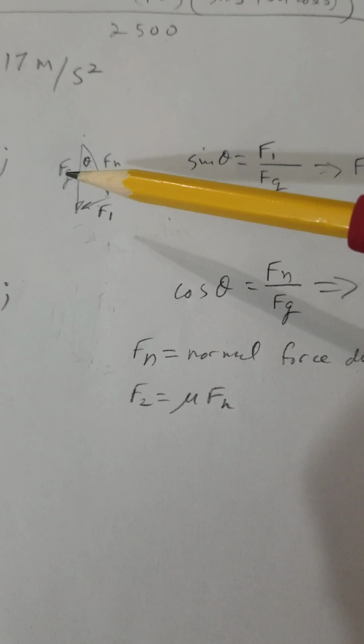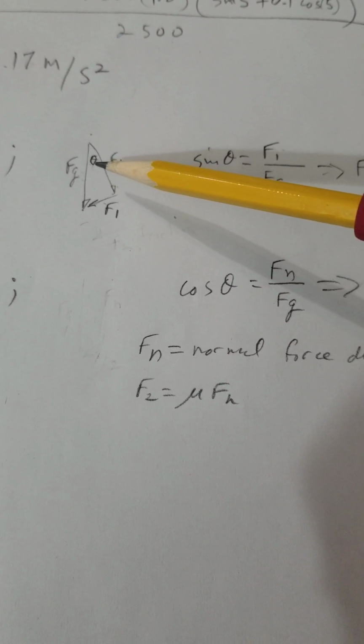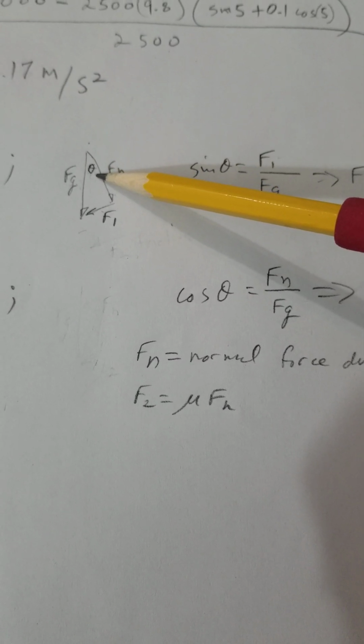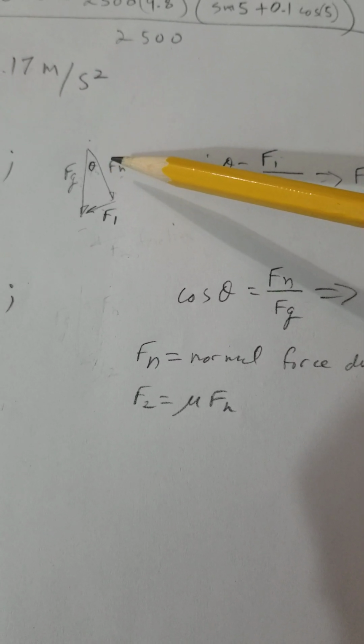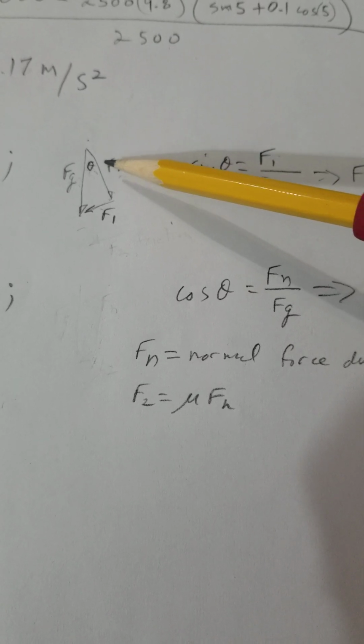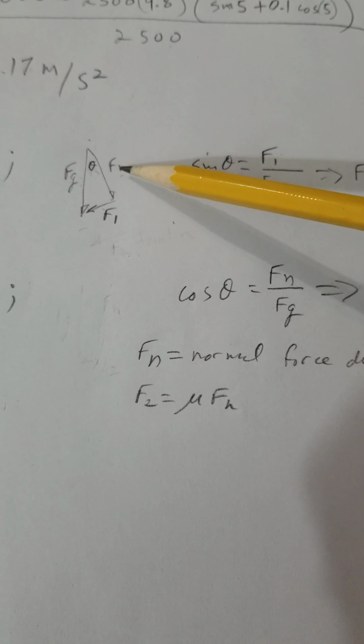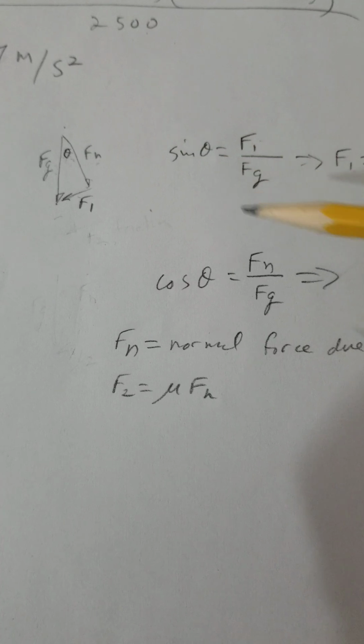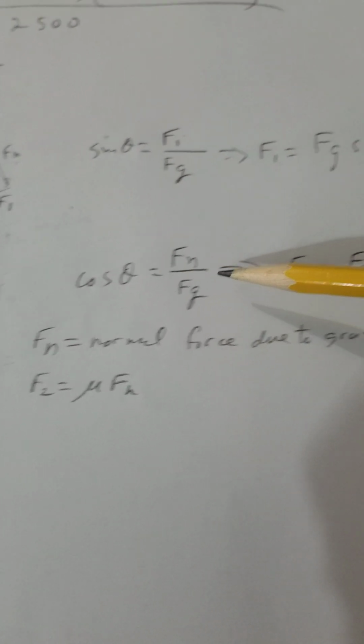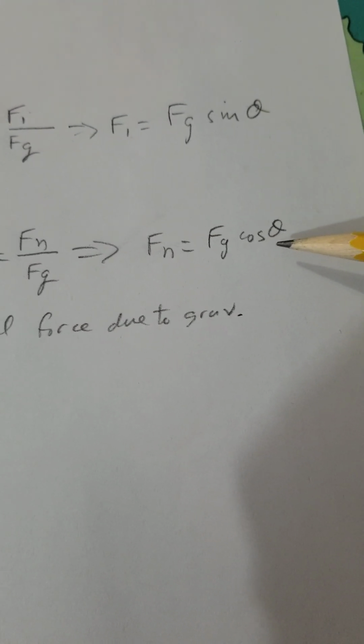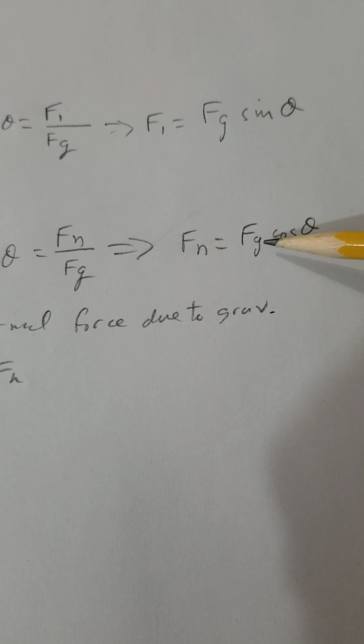I know this angle again, so cosine of theta equals adjacent over hypotenuse, right? Fn over Fg. So I wrote that there, Fn over Fg, rearrange with algebra, and Fn is equal to that.